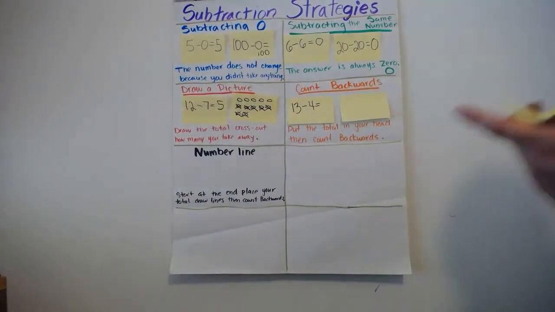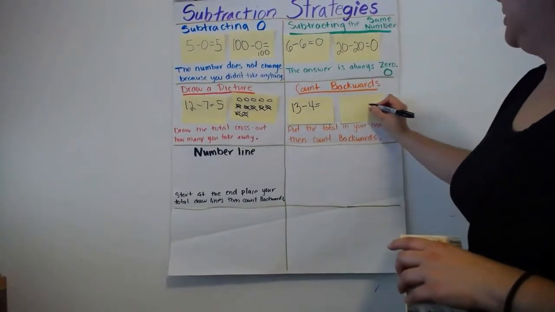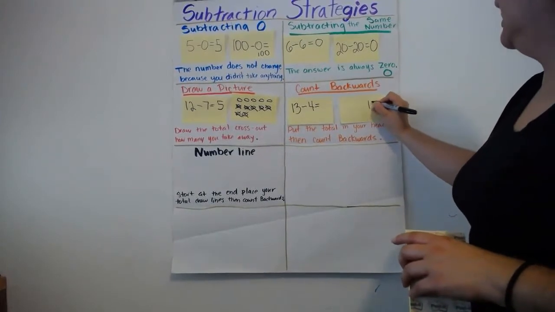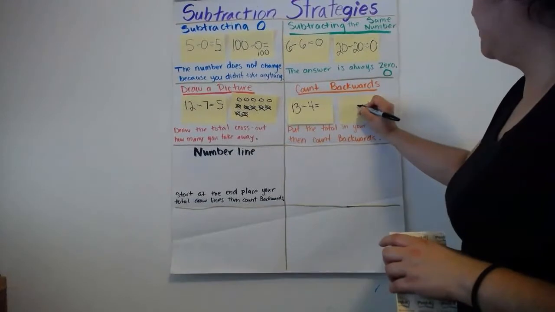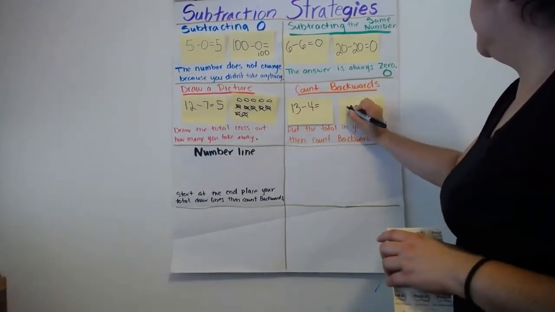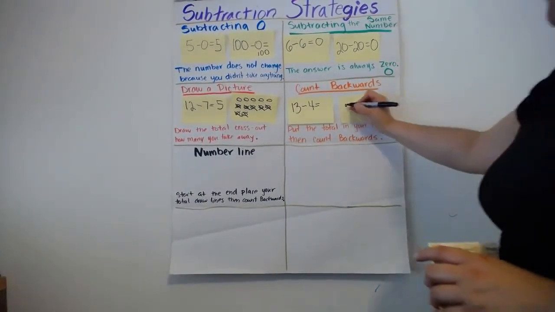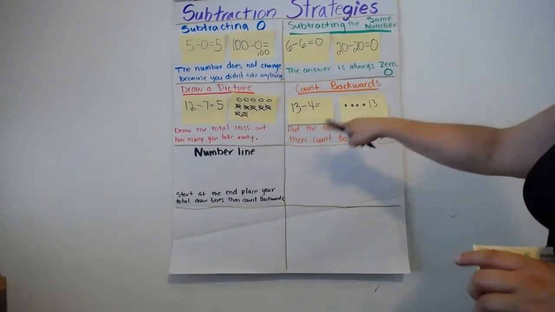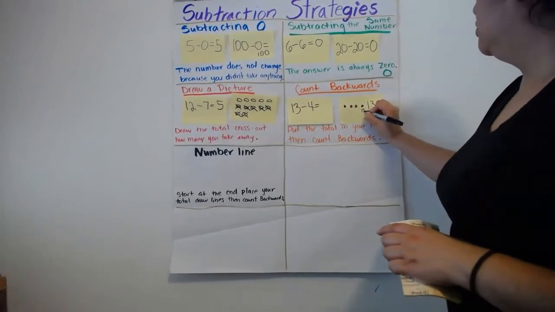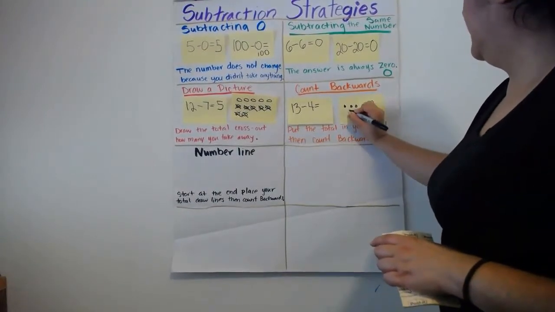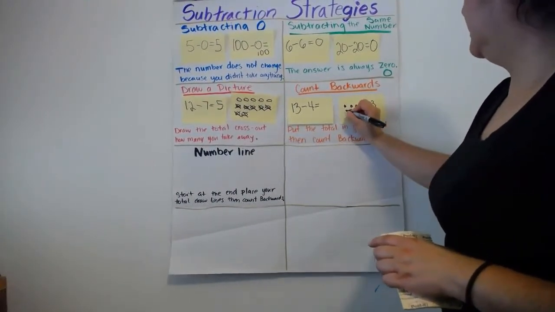In your head, you would put 13, and then you would draw the 4 lines, the 4 circles that you're taking away, but now you're counting backwards. So you put 13 in your head, and then you go 12, 11, 10, 9.